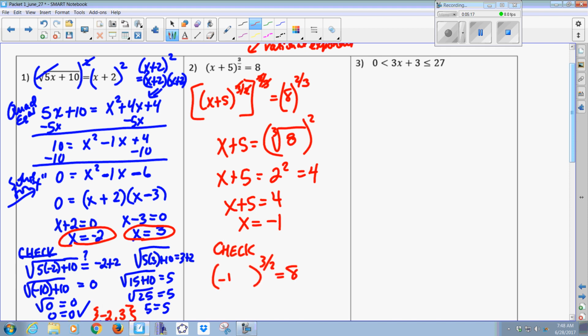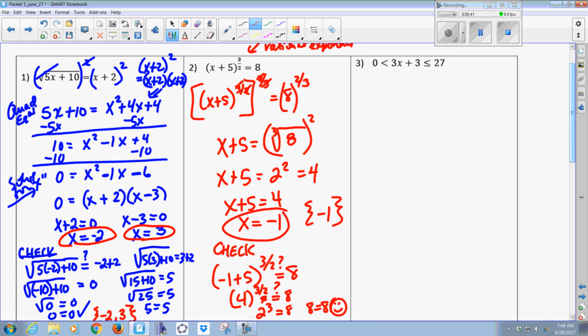Always put in the solution that you think you have. Negative 1 plus 5 is 4. 4 to the 3/2 equals 8? The square root of 4 is 2. 2 cubed is 8. 8 equals 8. We're happy. So negative 1 is our solution here, and the solution set would consist of just the number negative 1.